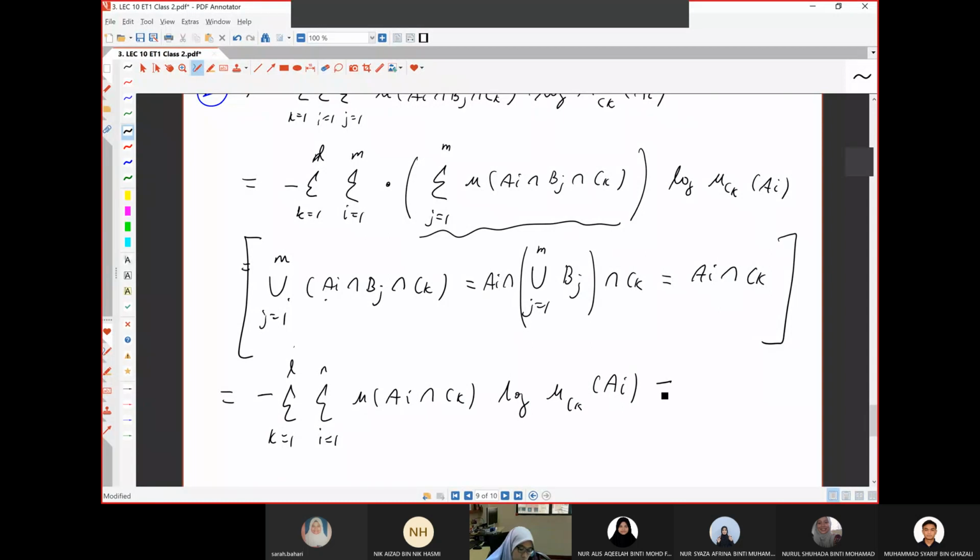And this is actually equal to the triangle. That means our formula here is verified.